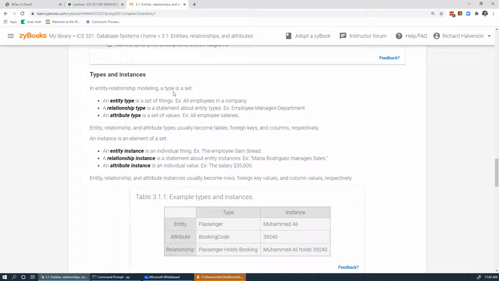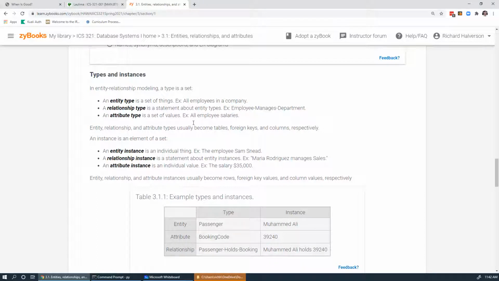There's type and instances in entity relationship modeling. A type is a set of things, like all employees in a company. The entity is employee, and the relationship type is a statement about entity types. Like, there's departments and there's employees, and then there's this relationship.